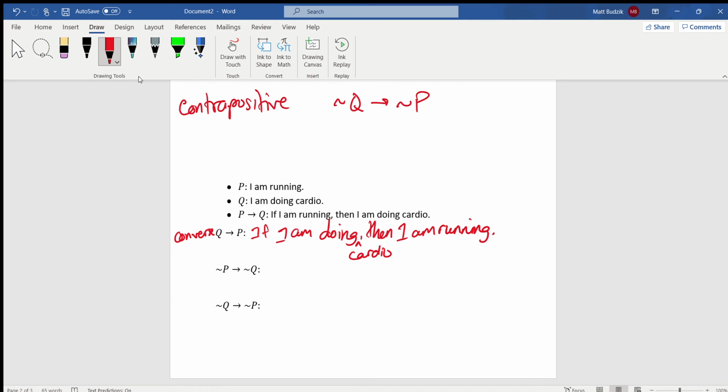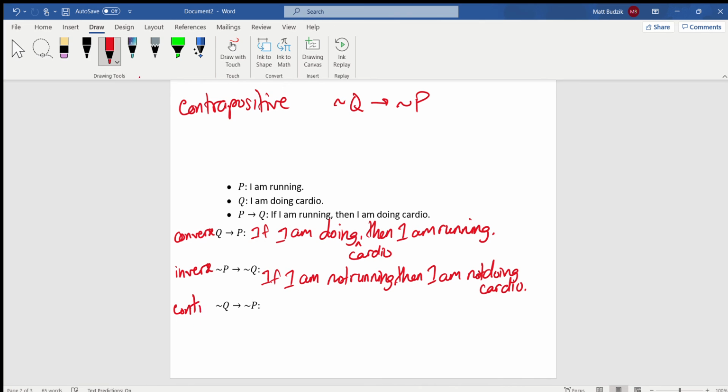The inverse of this, not P implying not Q, this would say, if I am not running, so negating that hypothesis, then I am not doing cardio. And if we were to say, is this true or false? If I am not running, then I am not doing cardio. Well, that's also not necessarily true because, again, you could be doing any other cardio exercise other than running. So this inverse would also technically be considered false. And then last up, we have the contrapositive.